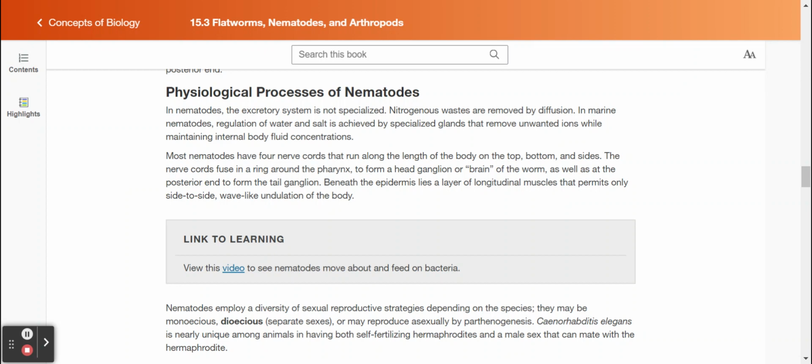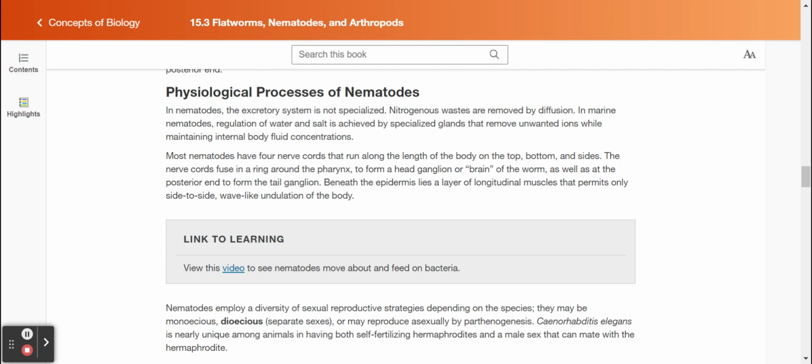Physiological processes of nematodes. In nematodes, the excretory system is not specialized. Nitrogenous wastes are removed by diffusion. In marine nematodes, regulation of water and salt is achieved by special glands that remove unwanted ions while maintaining internal body fluid concentrations.